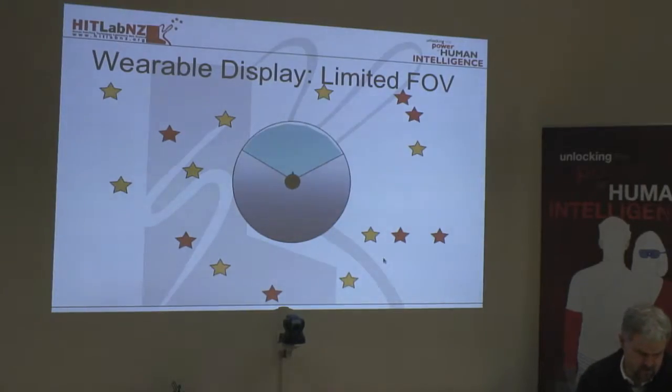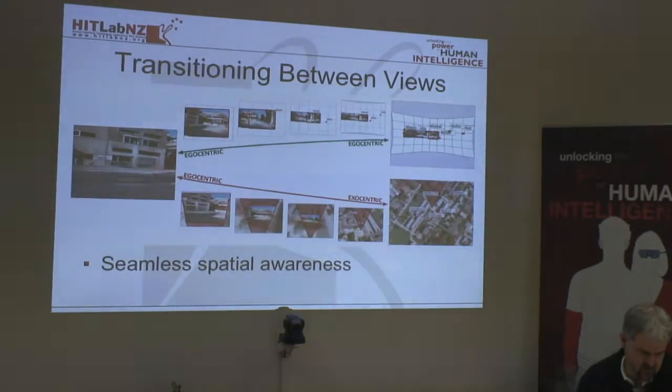One way that can be done is through transitioning between views. This is an application that was developed in Austria at Graz University, and they were looking at how you could transition between egocentric and exocentric views.